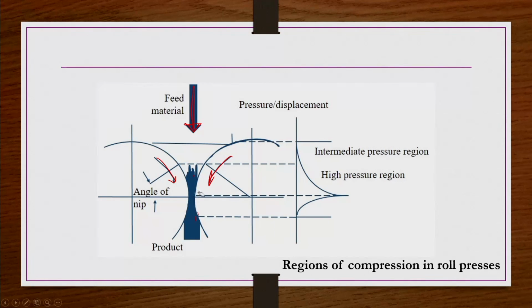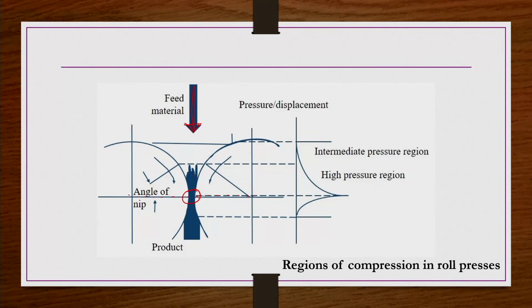Now the pressure forces, if you see, the pressure is going to be very high at the center, or the point at which they are contacting, or the lines. Let us say this is the center axis of the two rolls, right?